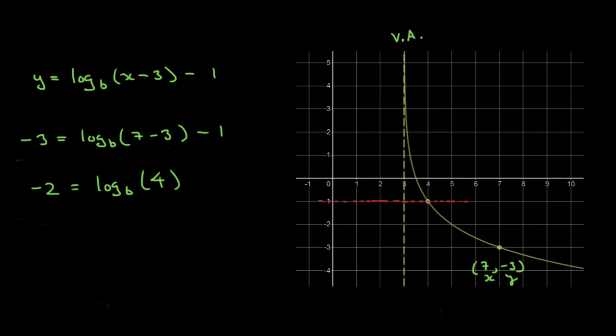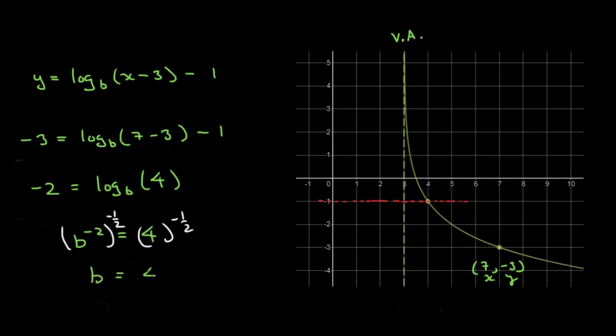This log, written in exponential form, is base b to the power of -2 equals 4. And if we raise both sides to the power of the reciprocal of -2, I better say -1/2 here. Notice that's going to give me b to the power of 1, which is what we want.